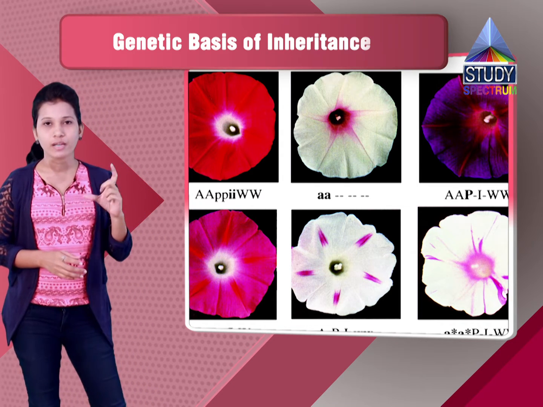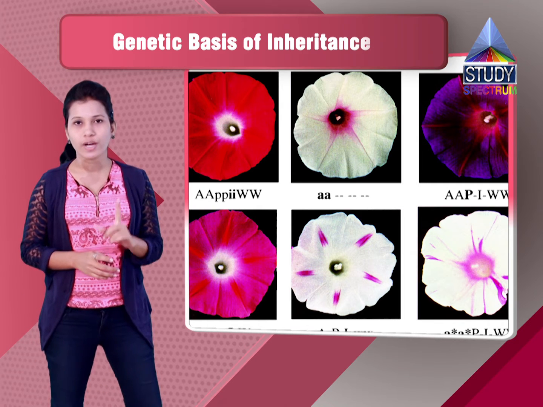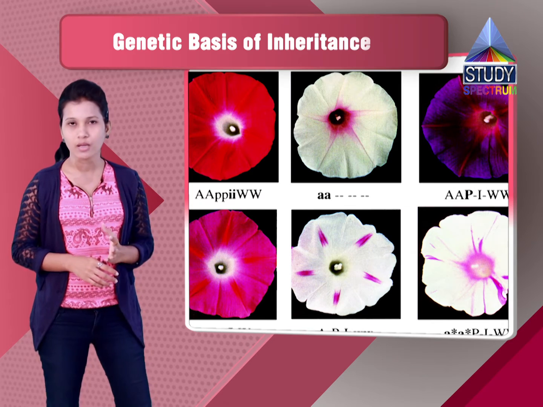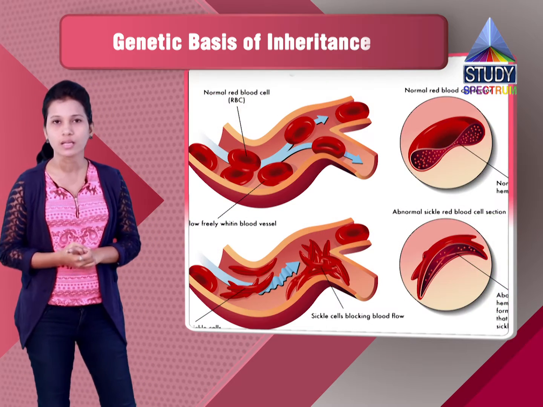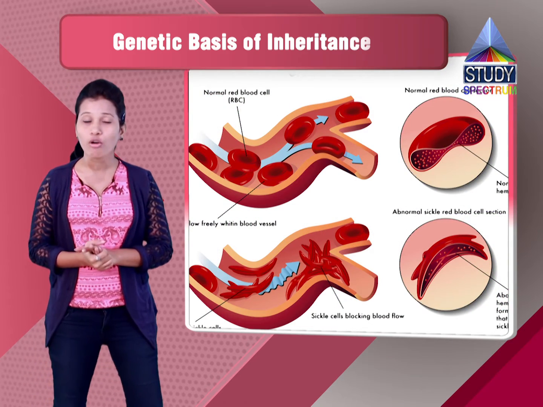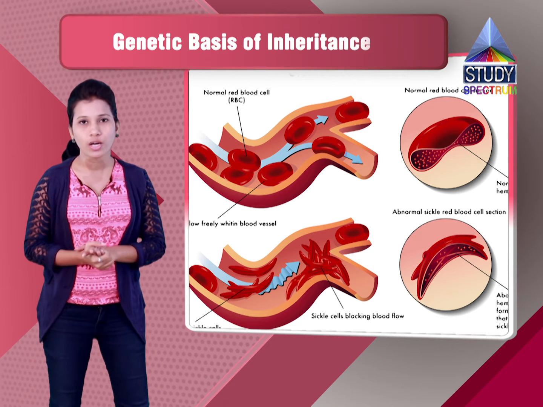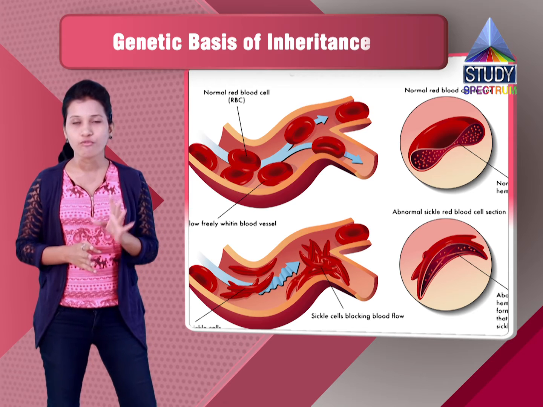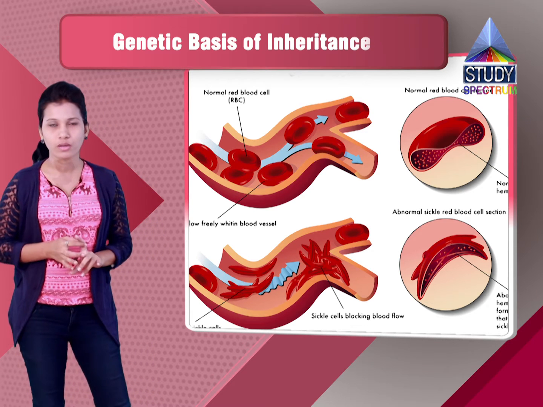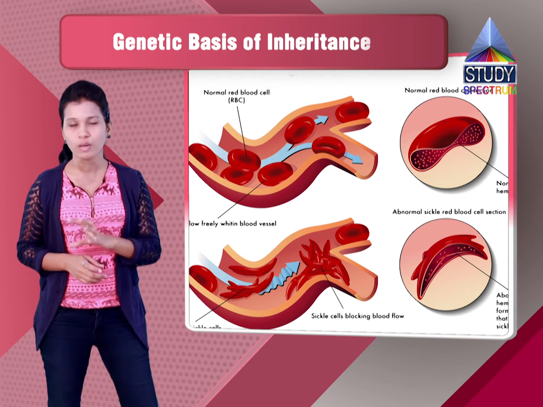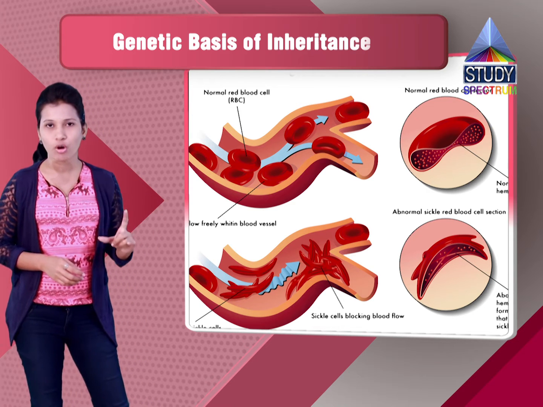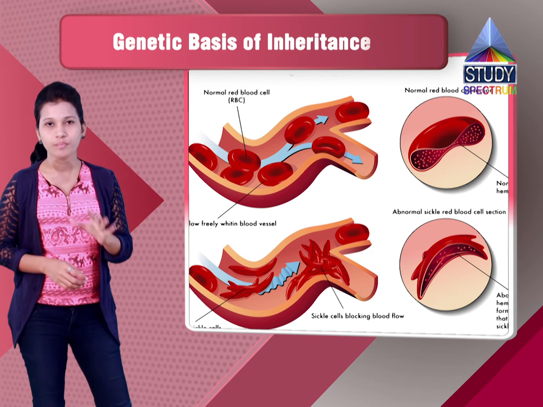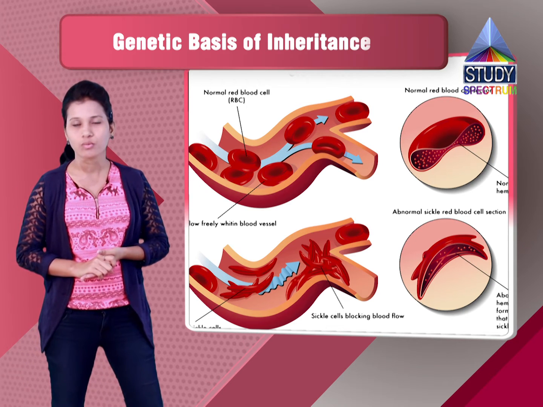So in that we will get one chance of getting a normal one, two chances of getting the carrier one, and the last one chance is getting the sickle cell anemia person who will die of sickle cell anemia. So here we can see that when two carriers marry each other, there are four kids which can be produced, and the phenotypic ratio will be 1 normal, 2 sickle cell carrier, and 1 sickle cell anemia person who will die.